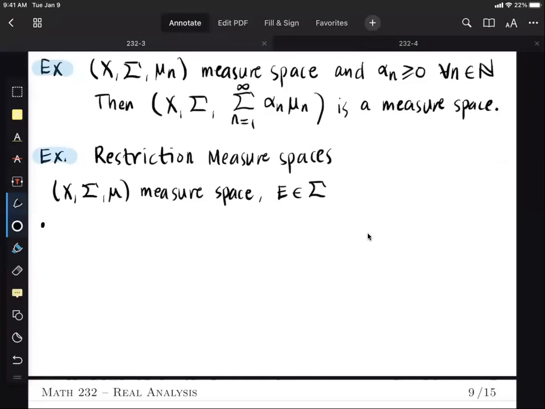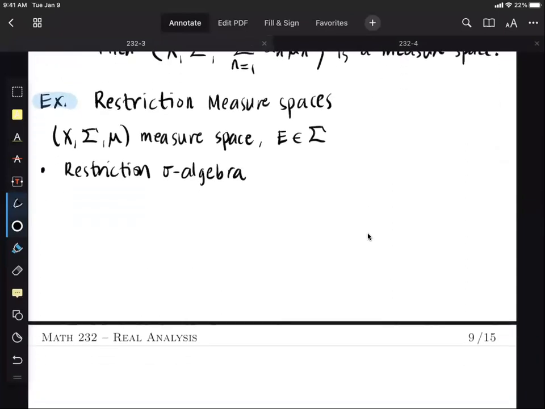So let us recall the restriction sigma algebra on an element of sigma. So sigma sub E, recall that this is the set of all subsets of E that are in sigma.